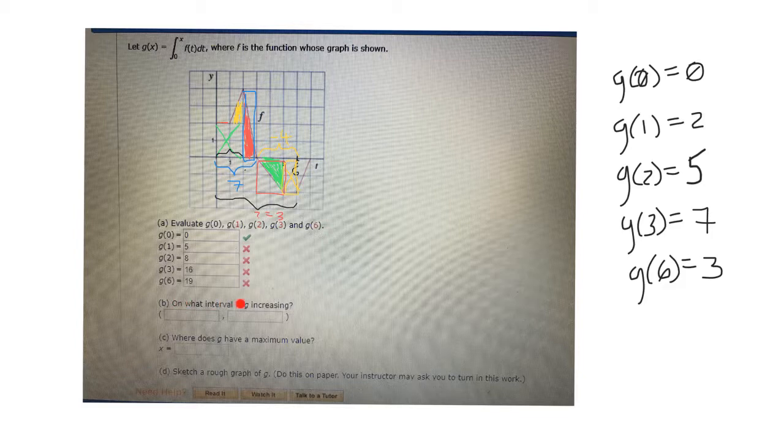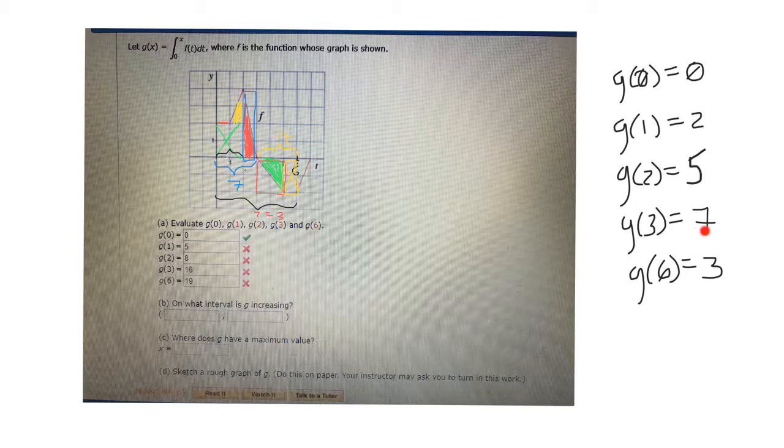Okay, on what interval is g increasing? Well, that you can clearly see by the values that we just considered, right? I mean, g of 0 is 0, g of 1 is 2, so it's increasing so far, right? G of 2 is 5, g of 3 is 7, so it's increasing so far.